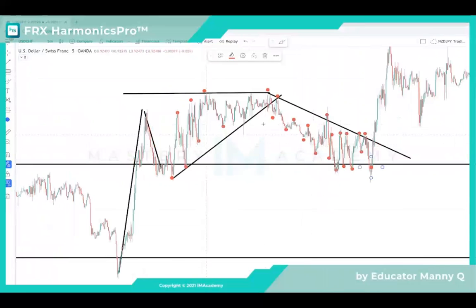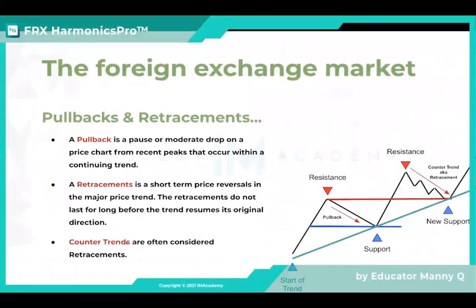All righty, ladies and gentlemen, this is a market structure reversal. This right here is where the market structure reversal took place on a lower time frame and began to pull back down, creating that downtrend. Right now, as we come back over here, you'll see that counter trends are often considered retracements.